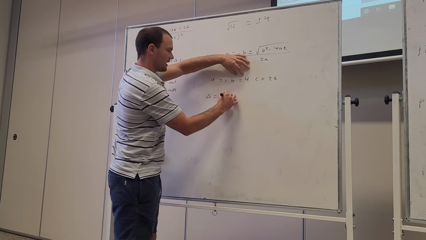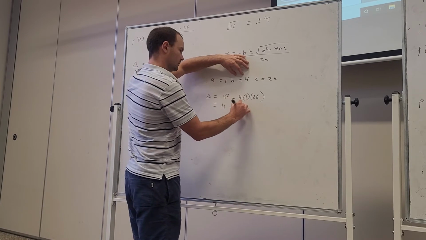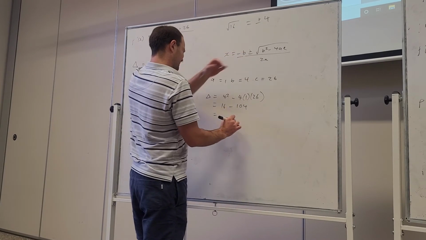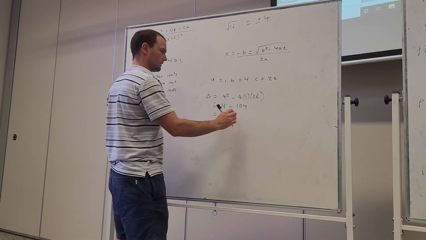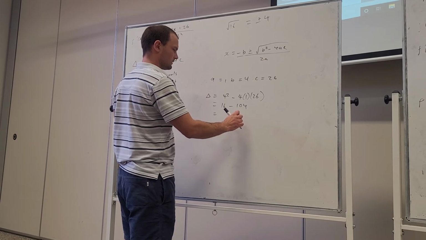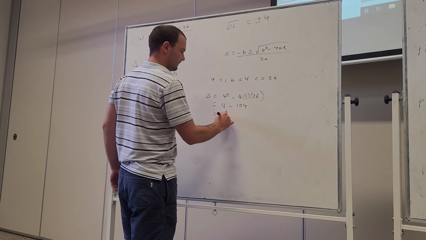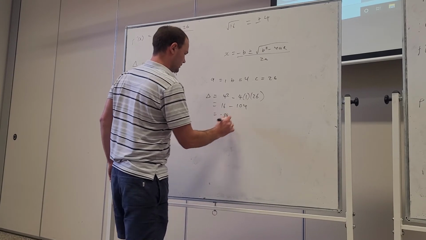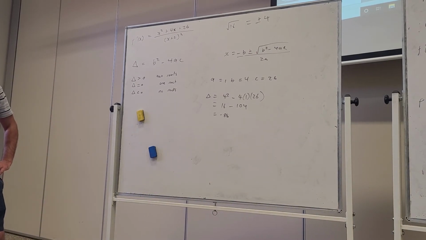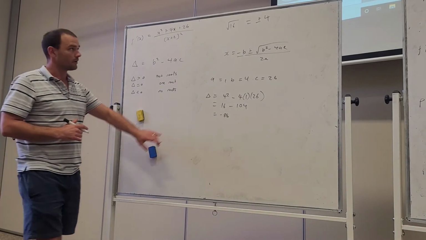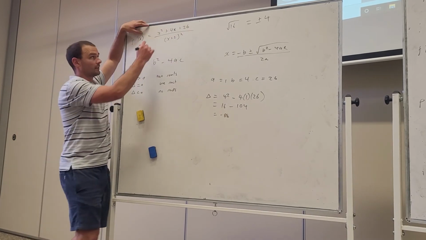Discriminant is b squared take 4ac. So we've got the discriminant here is negative. For this quadratic, the discriminant is negative.